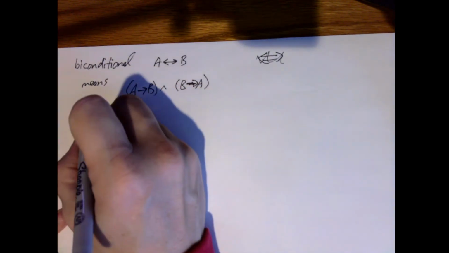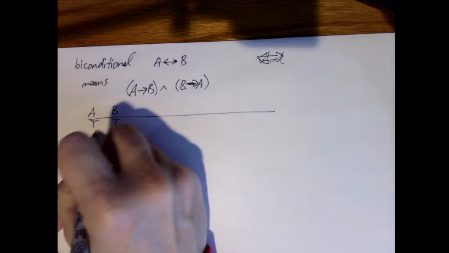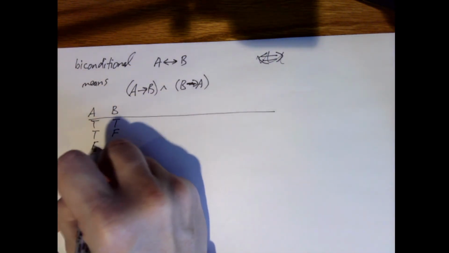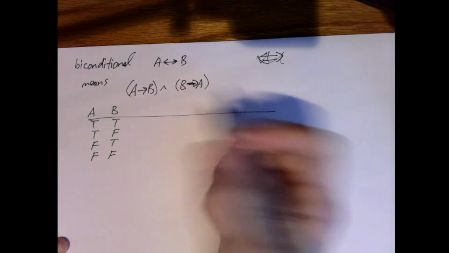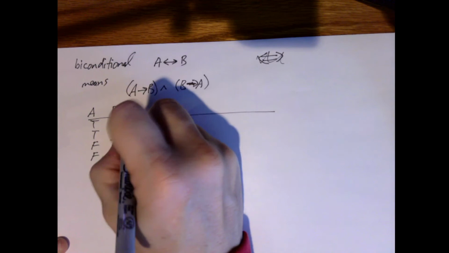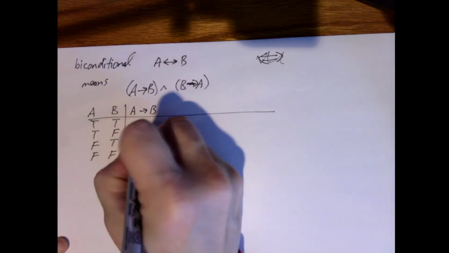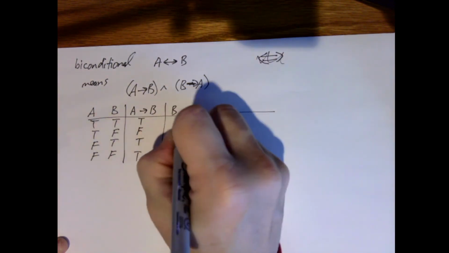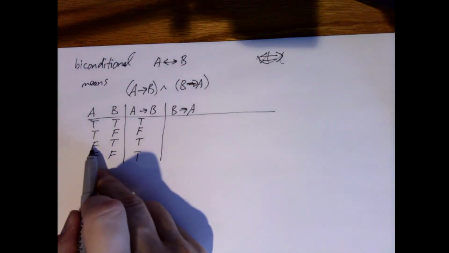Well, let's look and see. So we have A and B: true, true, true, false, false, true, false, false. So we know if we ask what is A implies B, this one is false and the other three are true. If we ask what is B implies A, then B is true, A is false.